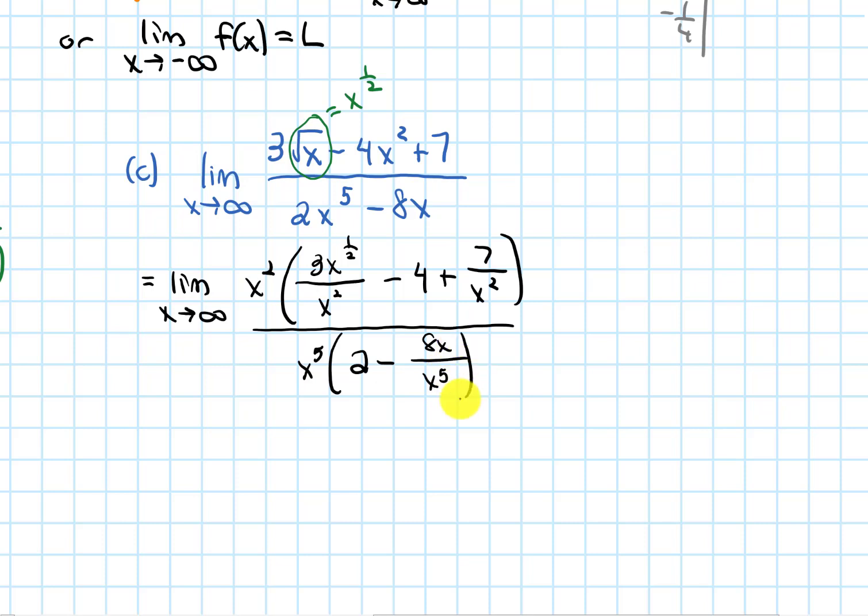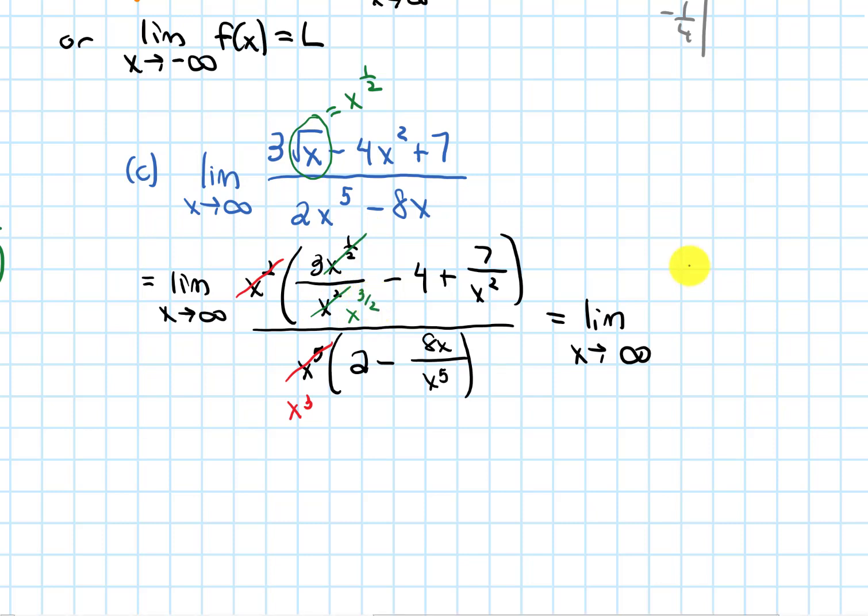Okay, but now let's simplify a little bit. This equals the limit as x approaches infinity. Well, let's see, I can cancel an x squared here and here. That'll leave me with x cubed on the bottom. And then I can also cancel an x to the 1/2 with this x squared and be left with x to the 3/2.